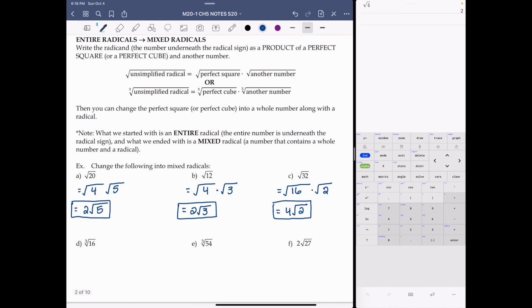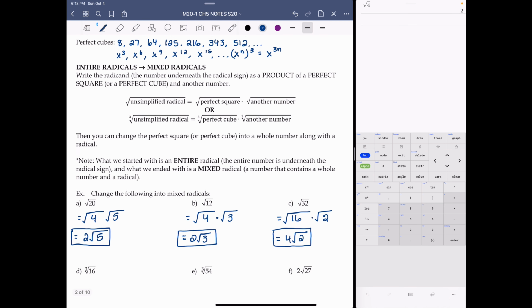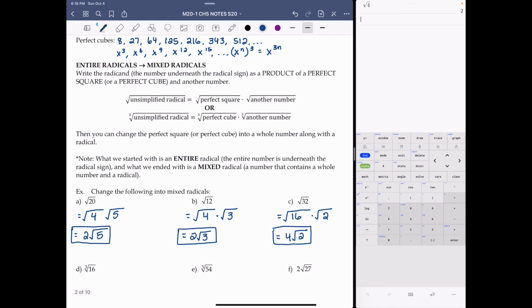Let's do some cube roots. The cube root of 16. Now we want to look at numbers in the perfect cube list. Half of 16 is 8, so the number can't be any bigger than 8. Well, 8 is our smallest perfect cube, so it's going to be that number. We write it as the cube root of 8 times the cube root of 2, because 8 times 2 is 16.